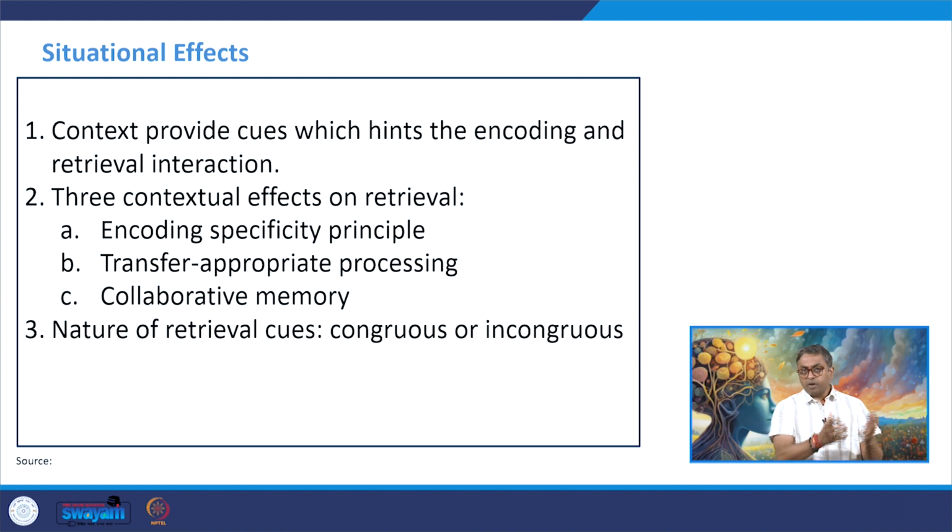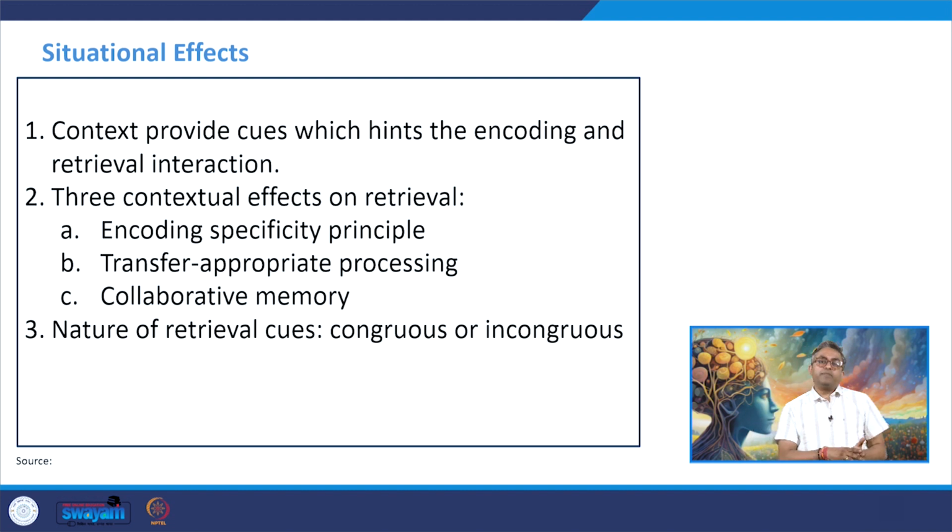The encoding information has one template, and the retrieval cue has a different template. And when these two templates have a mismatch, then incongruency arises. And when this incongruency arises, the retrieval effect is weak.